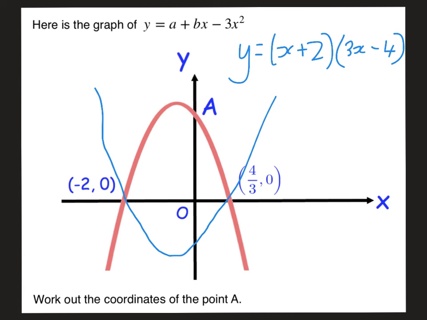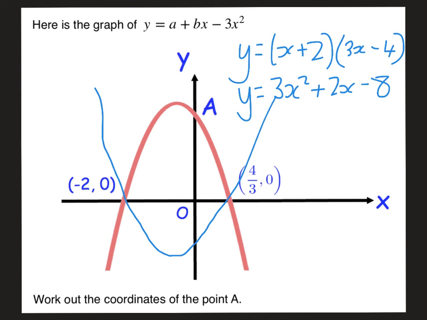When x equals 4/3, this bracket will be 0. So that fits. Now if I expanded that, that would be y equals 3x squared. I'd have 6x minus 4x, which would be 2x, and then 2 times -4, which is -8.